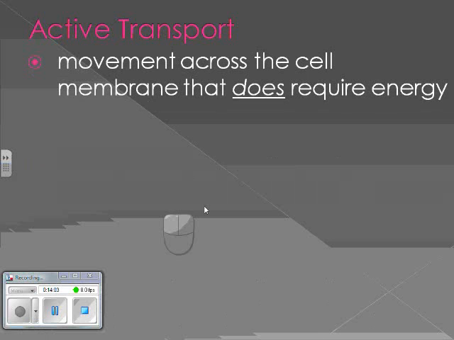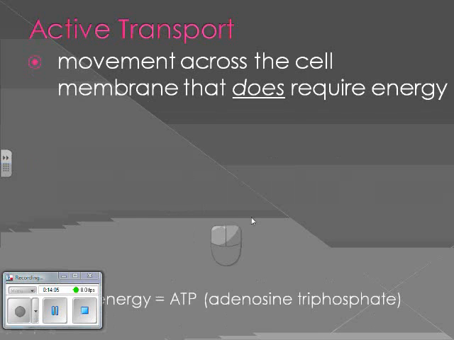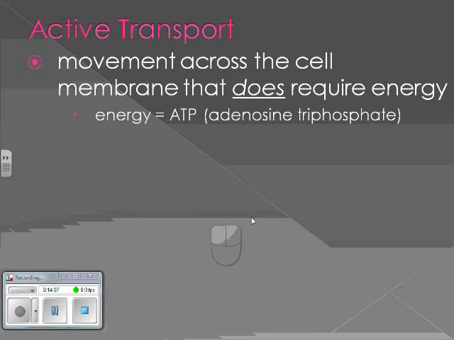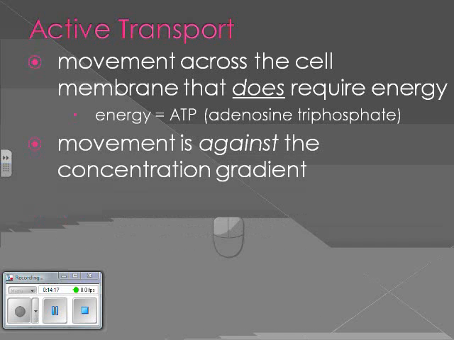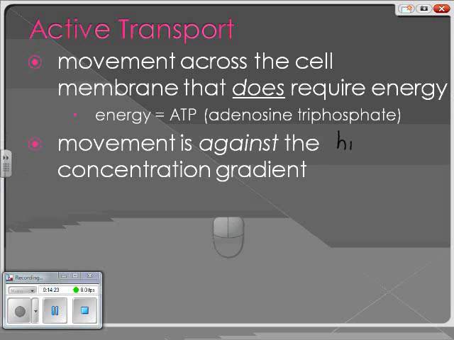Active transport, on the other side, requires energy, right? You got to put energy in. Put that ATP, adenosine triphosphate, the energy molecule of your cells, of your body. You need to put that energy in to make the movement occur. Right? In this case, movement is going against the concentration gradient. Well, before we said that movement would occur from high concentration to low concentration.